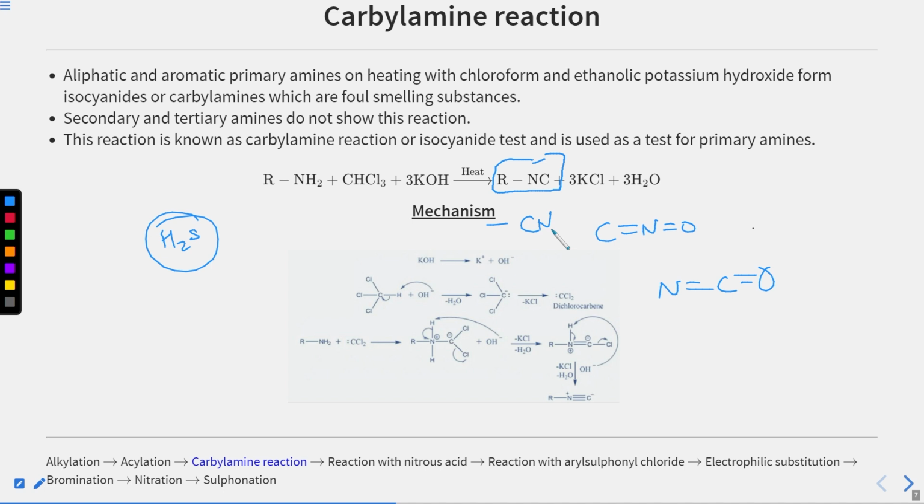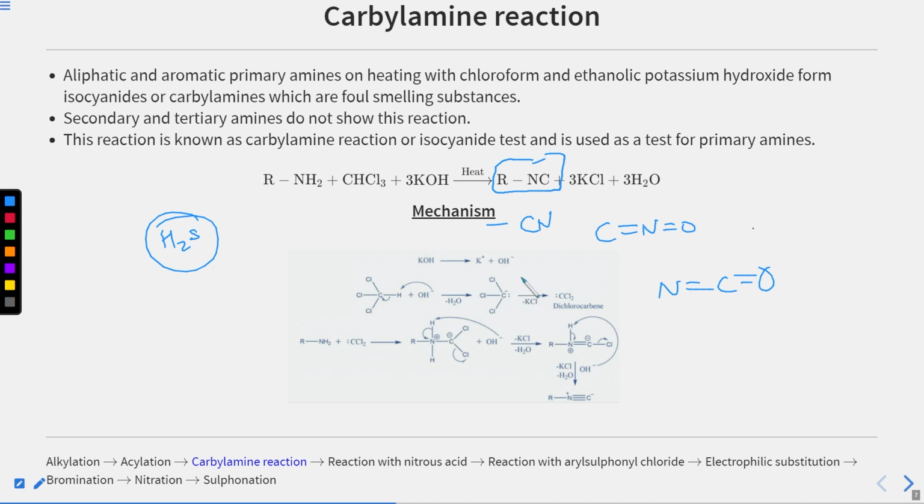Anyways, if you look at the mechanism of the reaction, this reaction is quite complex because it involves the formation of a nitrene. So what is nitrene? Sorry, carbene. What is carbene?